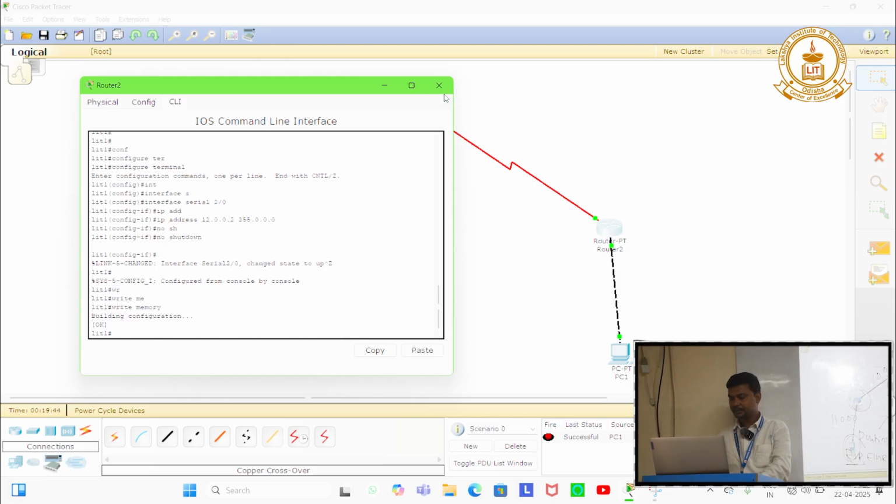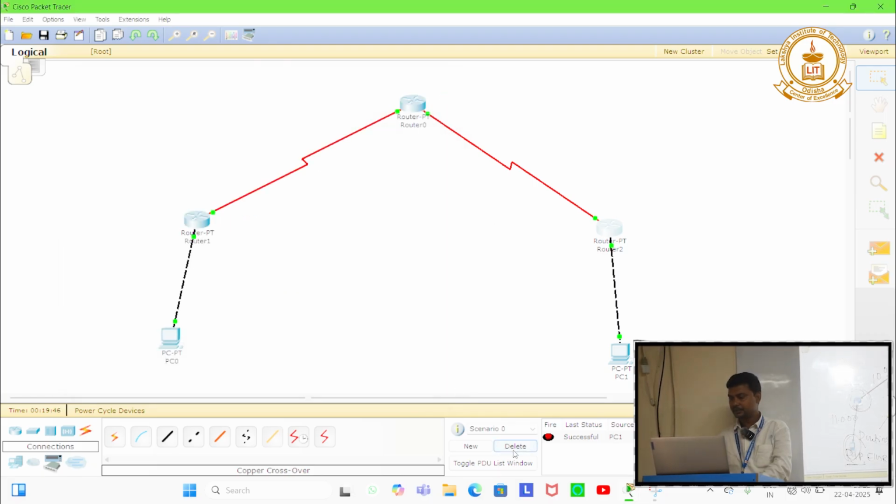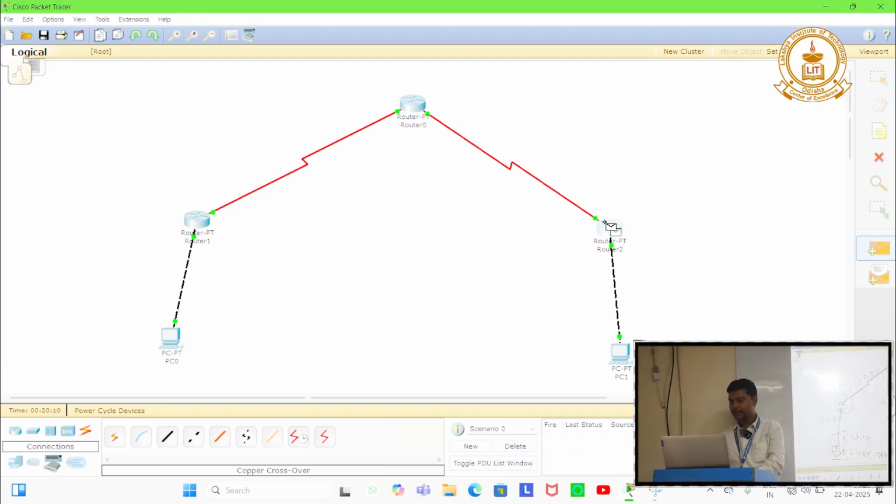Now we ping: PC1 to LIT1 successful, LIT1 to PC1 successful, then router 2 to router 0, the ISP router, also successful.